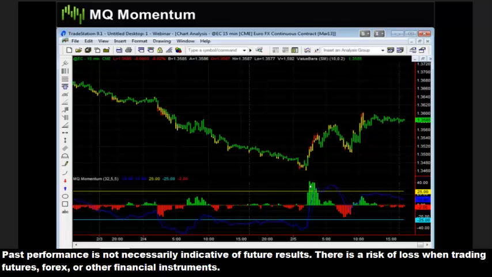So take note that if you see the histogram reaching or exceeding the top of this, then you know that momentum has been really strong for that period of time, and chances are you might get some sort of correction or at least some sort of rest or consolidation in the market. So that comprises the MQ momentum indicator.